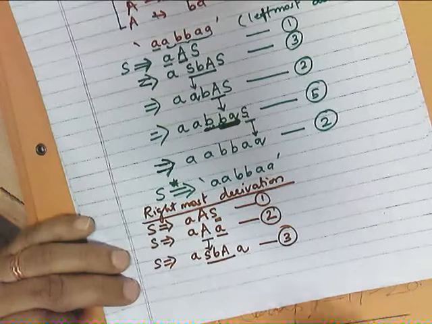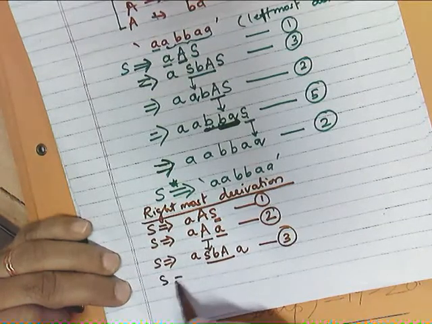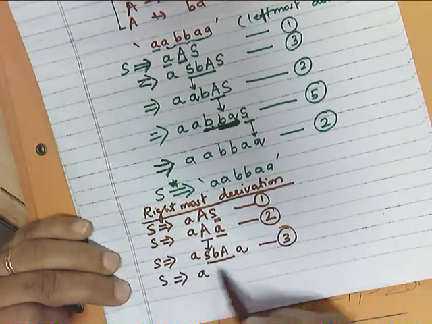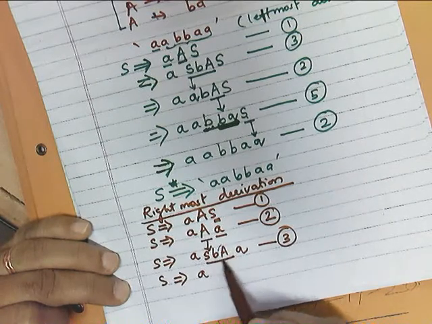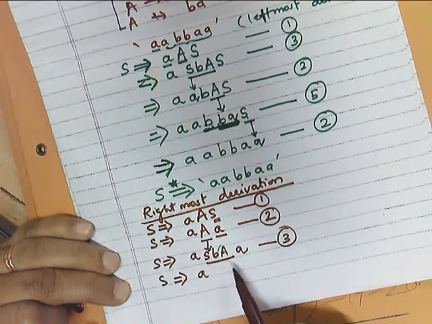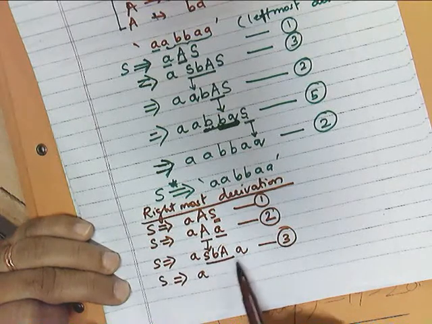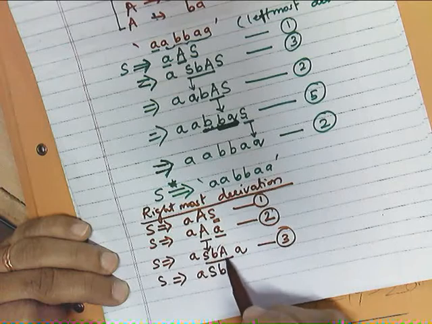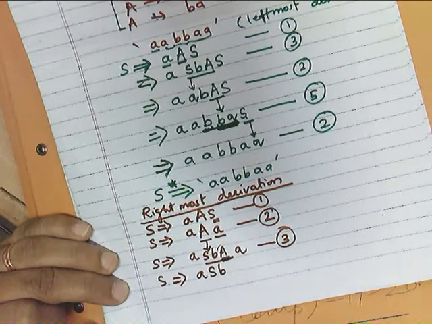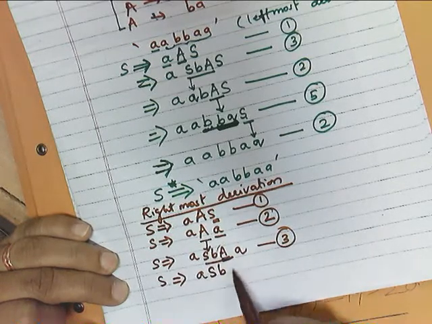Next, S produces, now we got the capital A as the rightmost non-terminal. So we need to replace this rightmost non-terminal with a terminal.